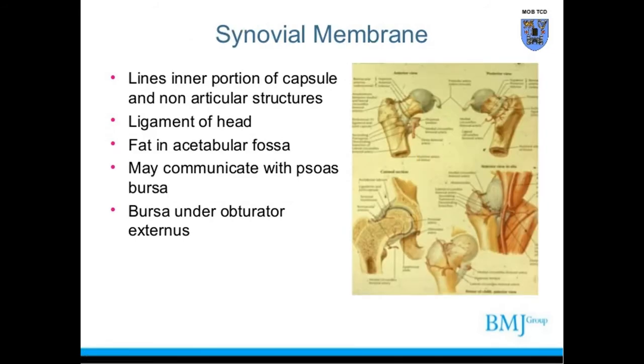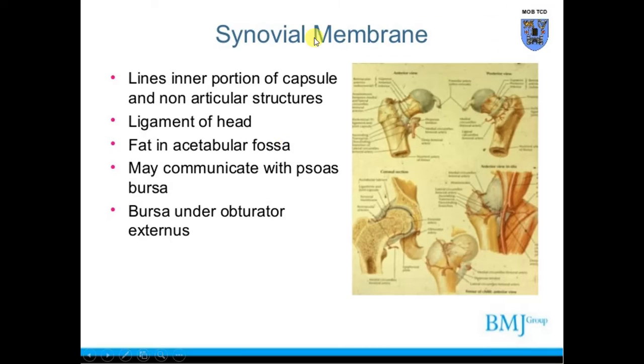Synovial membrane, obviously it will line the capsule and non-articular surfaces, ligament of head, fat in the acetabular fossa, and it communicates with the psoas bursa and bursa under the obturator externus. So these will be communicated by the synovial membrane. Because of this synovial membrane, this is called a synovial joint.